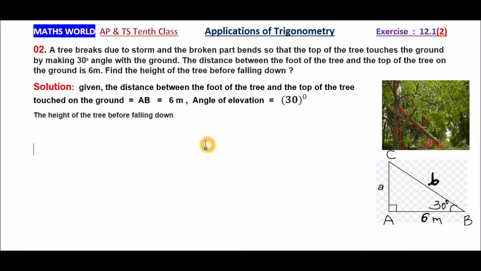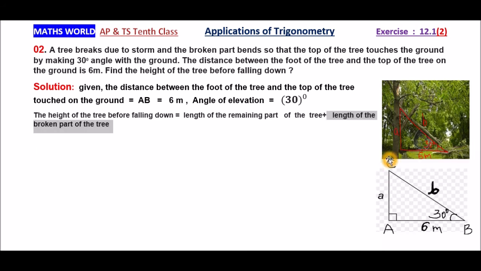The height of the tree before falling down is equal to, easy. This is the length of the remaining part of the tree. Here it is broken and touched the ground, the top of the tree. So length of the remaining part of the tree plus length of the broken part of the tree.